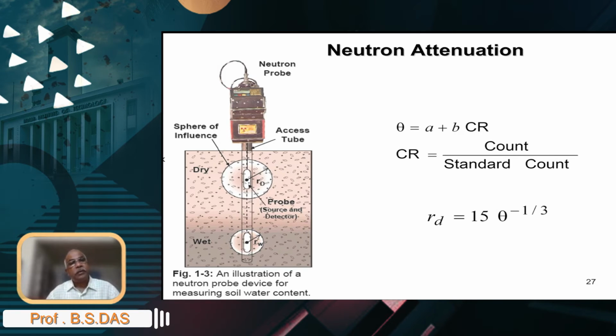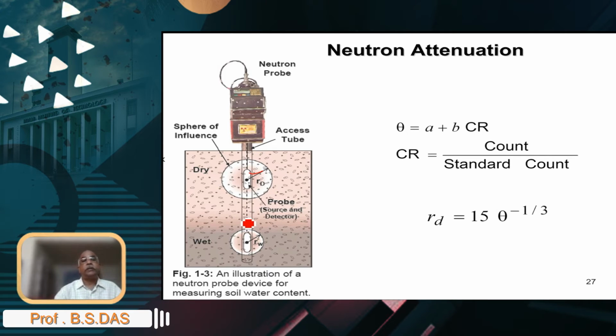So that's the idea. The whole thing is packaged in something called a neutron probe, and it has a sealed source up here, which has a mixture of americium and beryllium. Also, it has a detector, and that source and detector assembly has to be lowered into the soil.